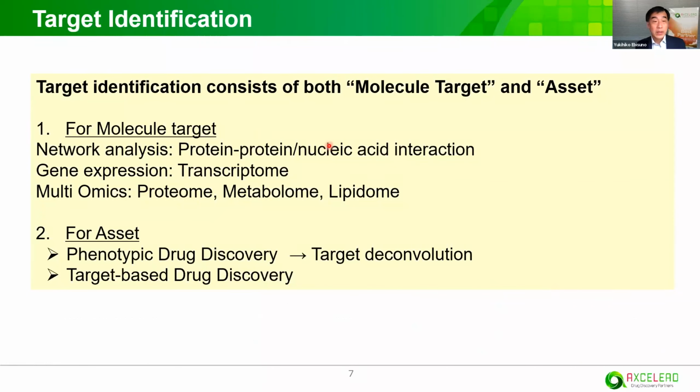So again, target identification means the identification of the molecular target described on the previous slide. And in addition to the molecular target, asset identification could be crucial for the drug discovery stage.